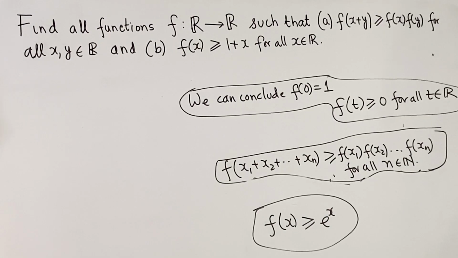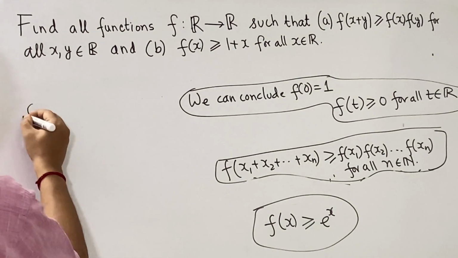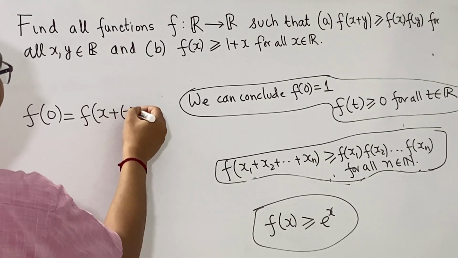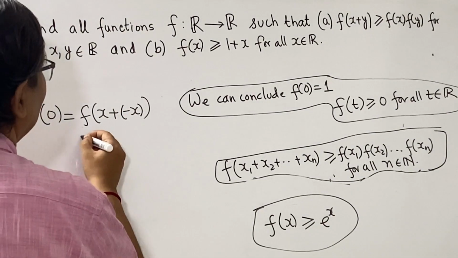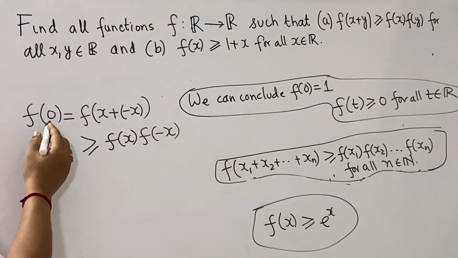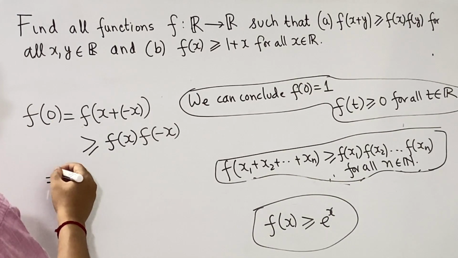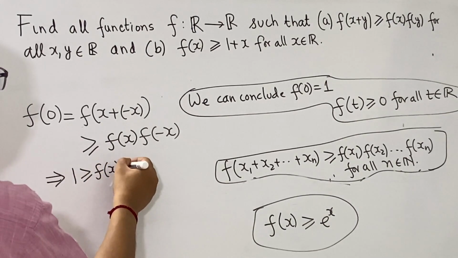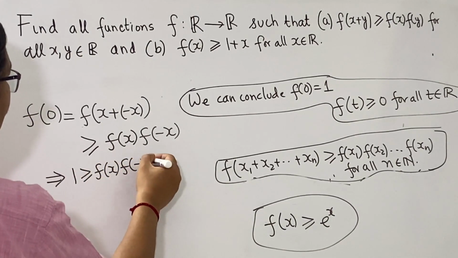Now, f of 0, you can write it as f of x plus minus x, and that is greater than or equal to f(x) into f(minus x), and we already know that f of 0 is 1. So from here we get 1 is greater than or equal to f(x) into f of minus x.